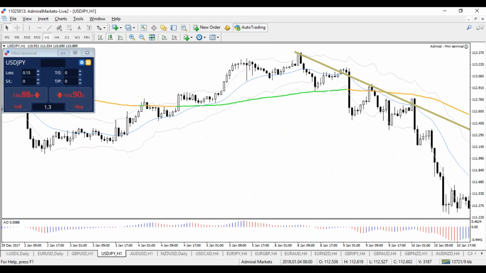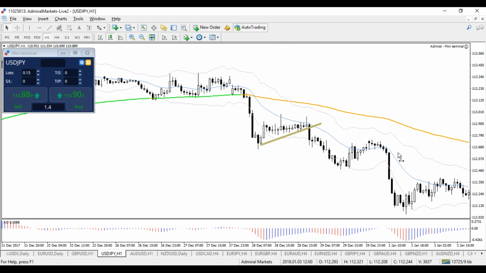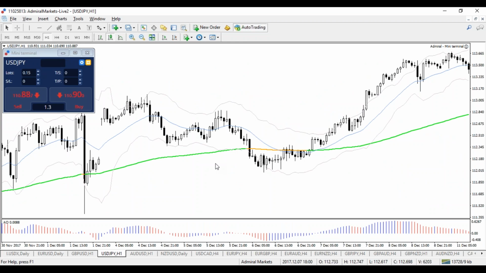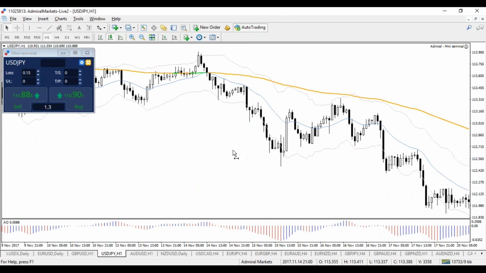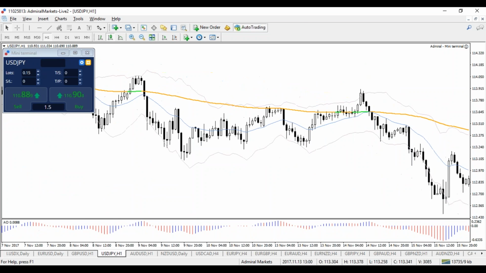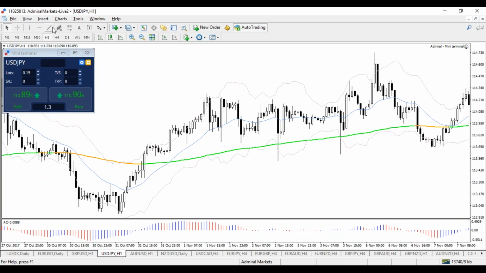And let's see, I remember seeing some triangle. Here. Well, that's not the one I was looking for, but at least I found something here where price is making some kind of correction formation, right?